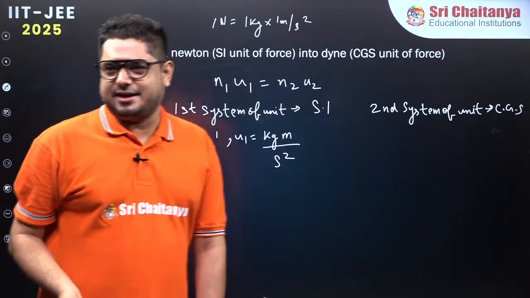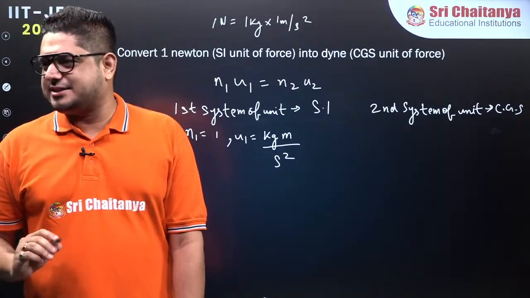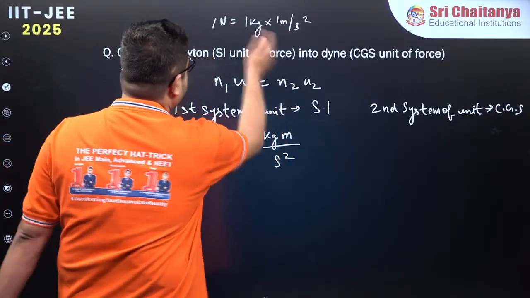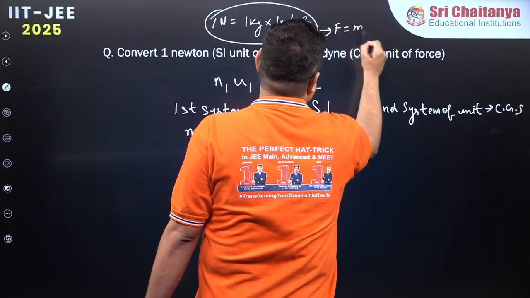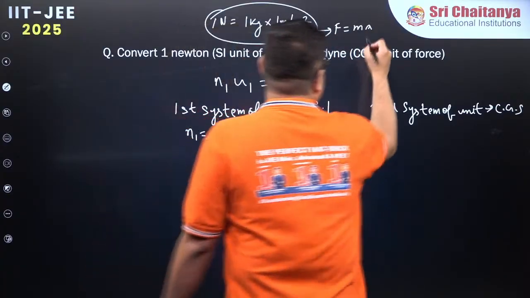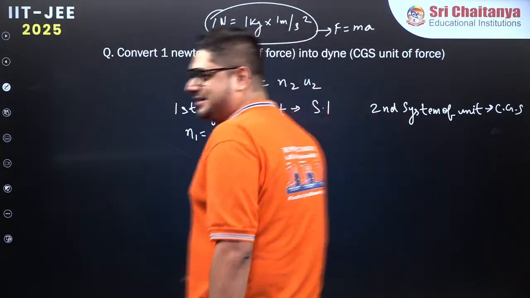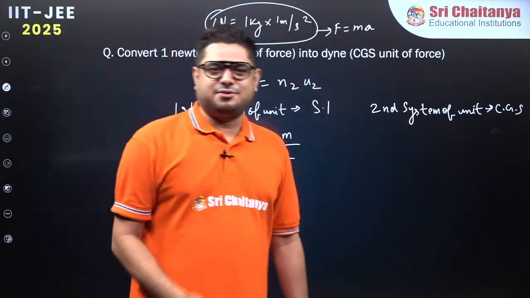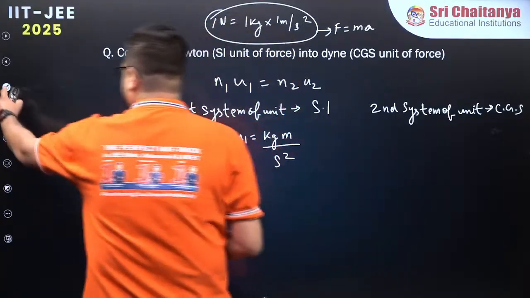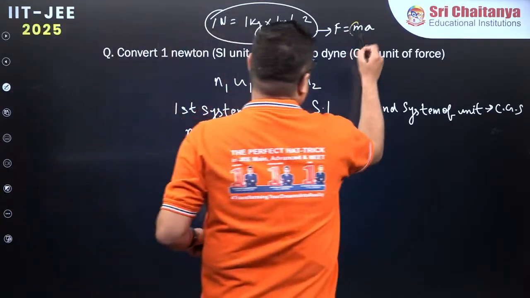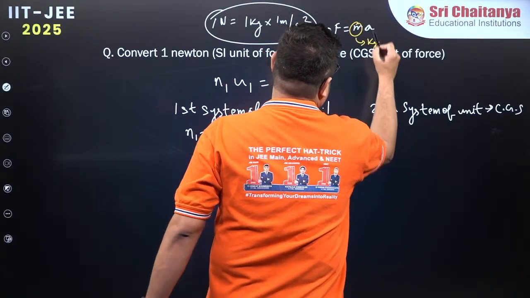F is equal to ma. Force is mass into acceleration, isn't it? Where is this expression coming from? This formula you have known since your class 7th standard. What is the SI unit of mass, everyone? That is kg. What is the SI unit of acceleration?